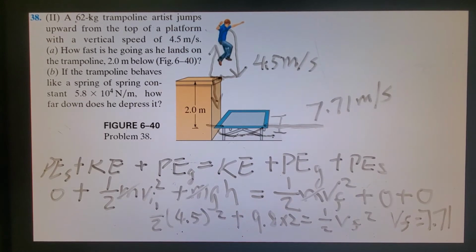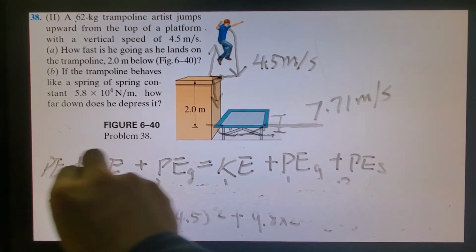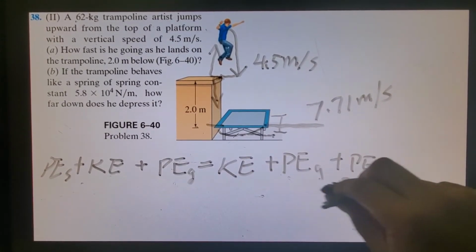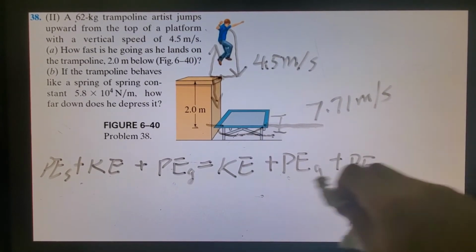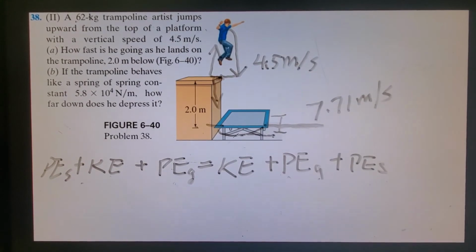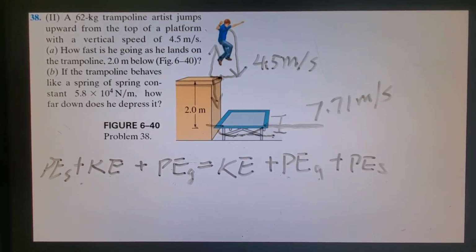So let's write it again. I have both kinetic energy and potential energy. Right before it hits the trampoline, that's my initial stage. And when it stretched and stopped, I call that my final stage.